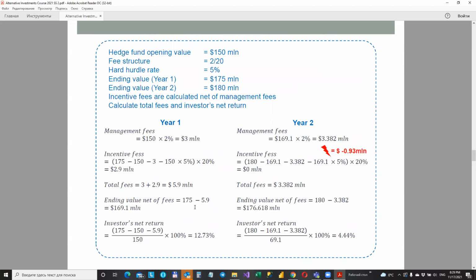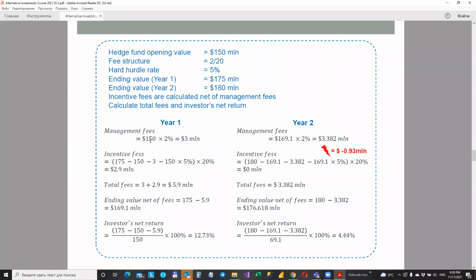Another example: we have a hedge fund with an opening value of 150 million, again fee structure 2 and 20, hard hurdle rate 5%, ending value for the first year 175, for the second year 180, and incentive fees are calculated net of management fees. Let us calculate total fees and investors' net return.